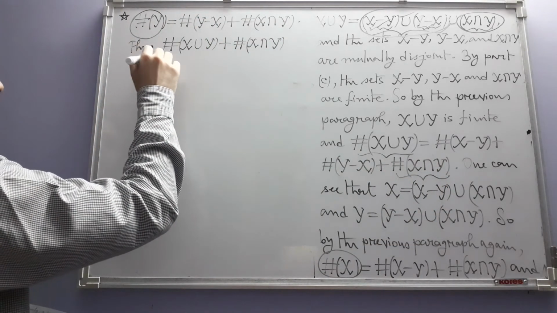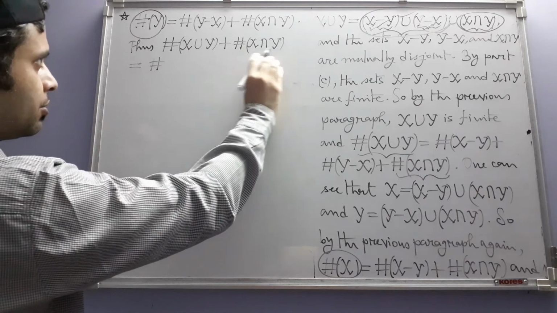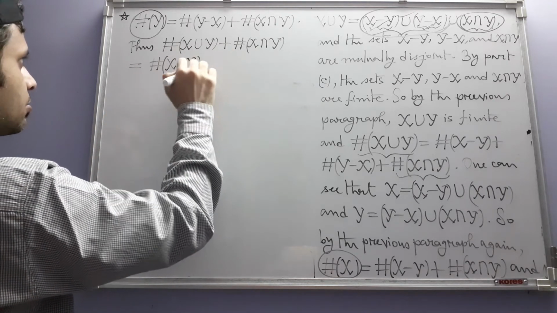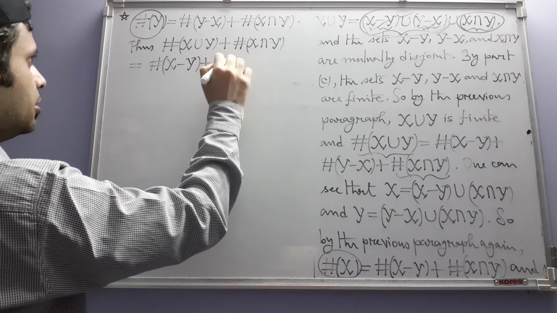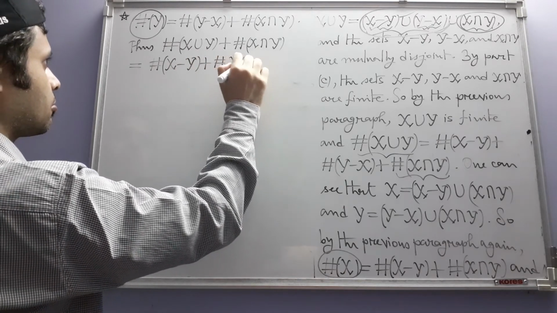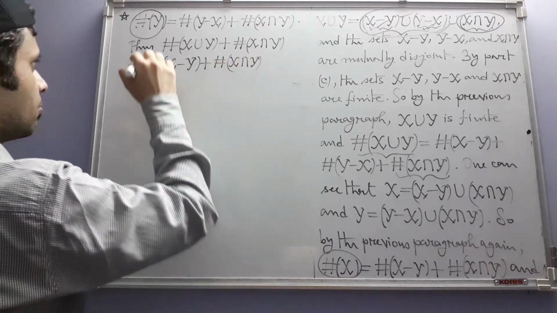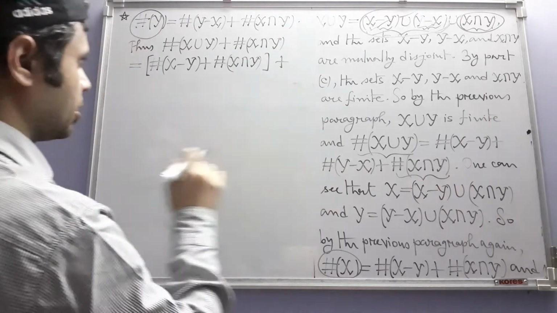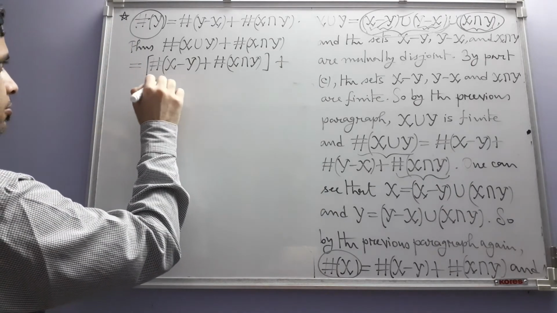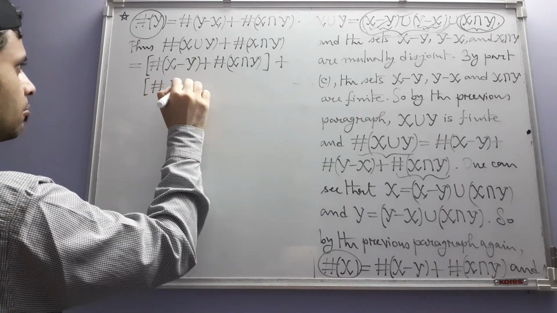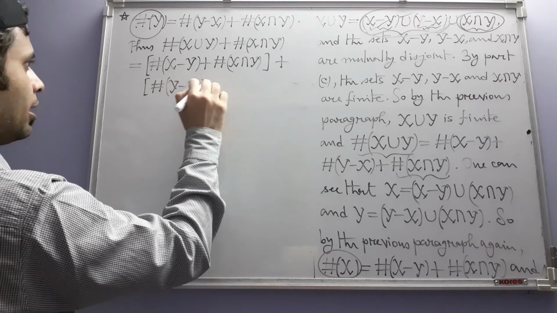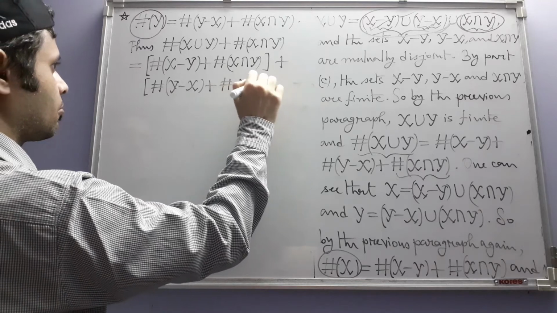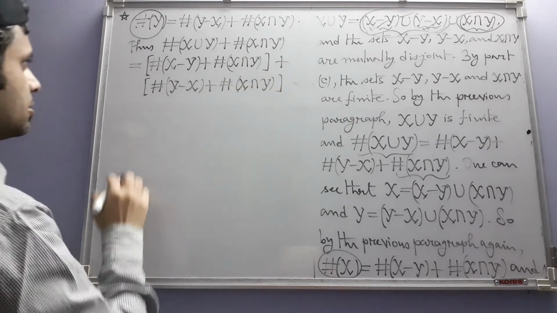In that sum, with the first term we write x minus y plus this, plus the other two terms, y minus x plus this.